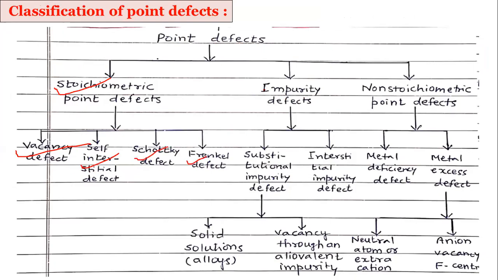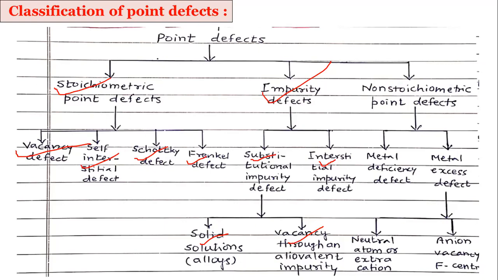Then the impurity defect is also completed. There are two impurity defects, substitutional impurity and interstitial impurity. The substitutional impurity through aliovalent vacancy is also completed. Now we will discuss the non-stoichiometric point defects.